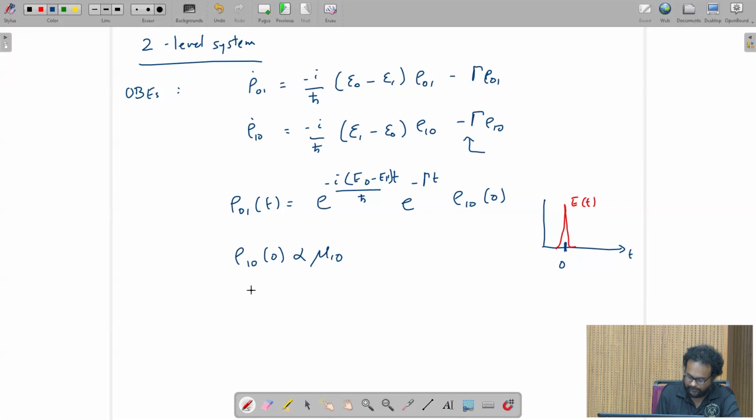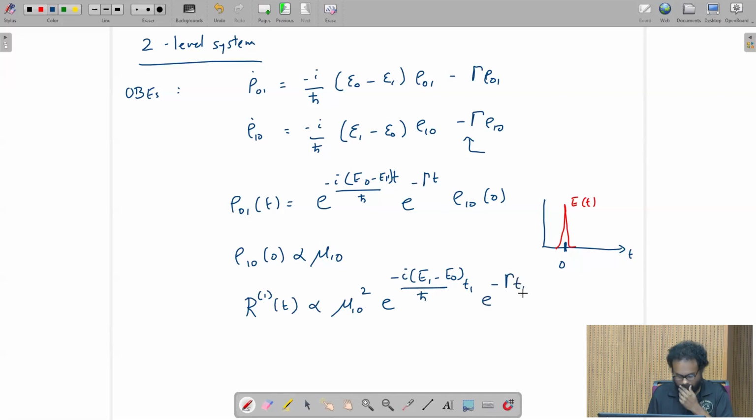If I do that, my first order impulse response function will be proportional to mu 1 0 squared, e to the power minus i (e1 minus e0) t1 over h bar, times e to the power minus gamma t1. Later on, we will derive this more explicitly.